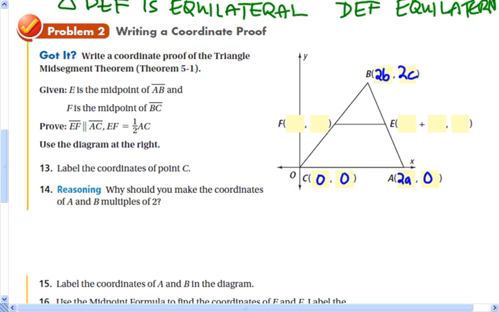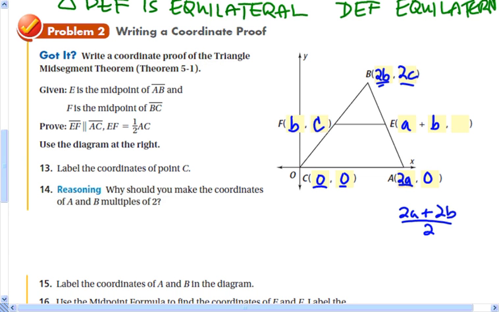All right, so now we can go ahead and find these midpoints. To do that, you just add the x-coordinates together and divide by 2. 2b plus 0 is 2b, divided by 2 is just b. 2c plus 0 is 2c, divided by 2 is c. Likewise, we can find E. E is going to be 2a plus 2b, divided by 2, but that's just a plus b.